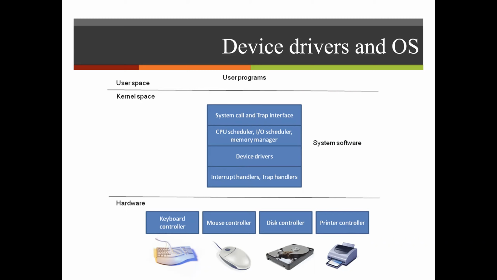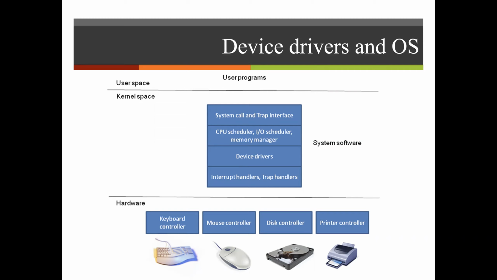It's also important for us to understand how device drivers interact with the operating systems. So our device driver is going to be a part of our operating system, and we want to keep in mind that we have a device driver that is going to essentially control each device in our computing system.